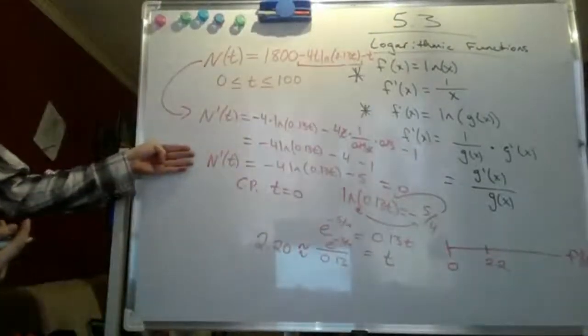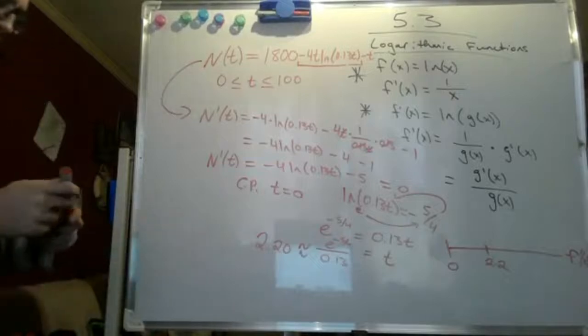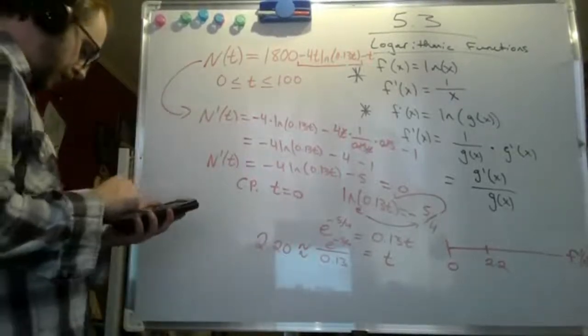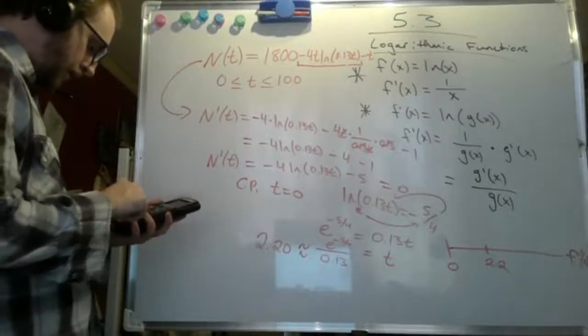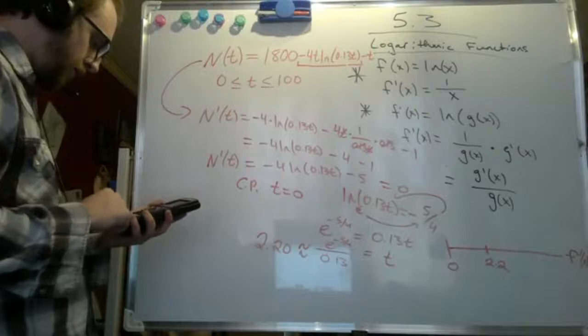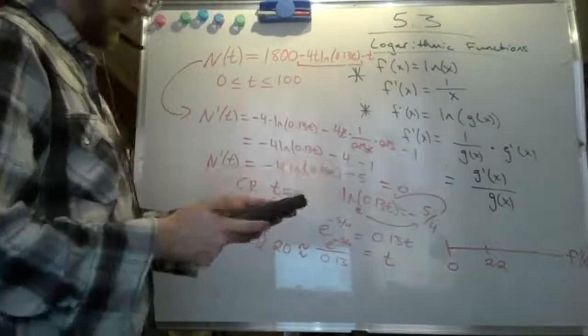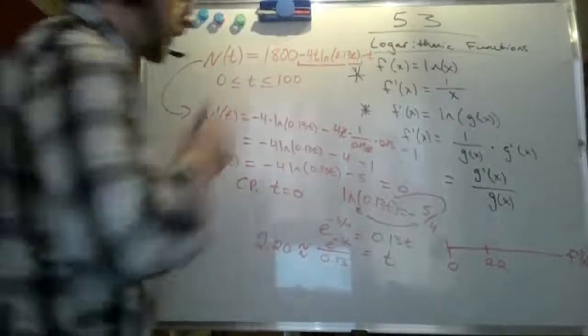Then for my first derivative, I'm going to have the natural log of 0.13 times -4. So natural log of 0.13 times -4, I get a positive 8.16. And then when you minus 5, it's still positive. So we've got a positive in between here.